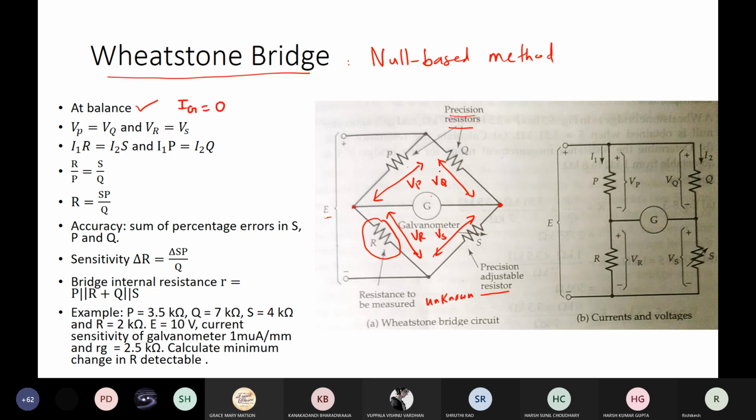The current drawn from the power supply is I, which splits into I1 and I2.